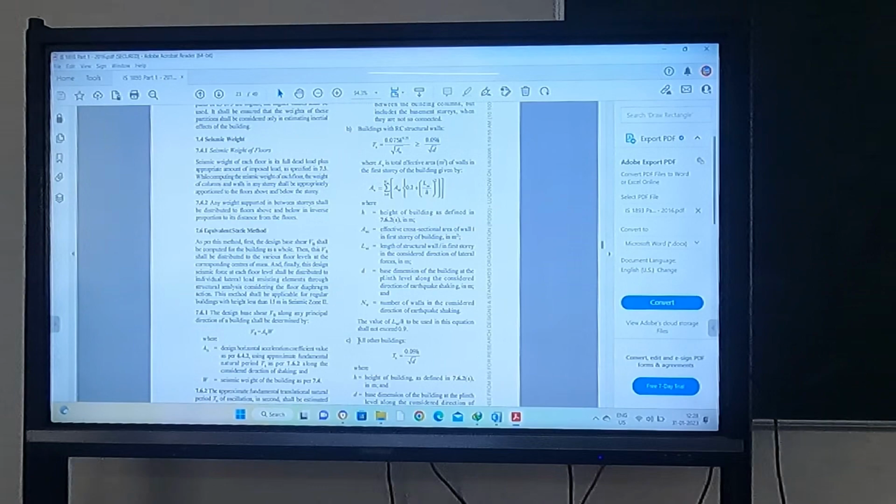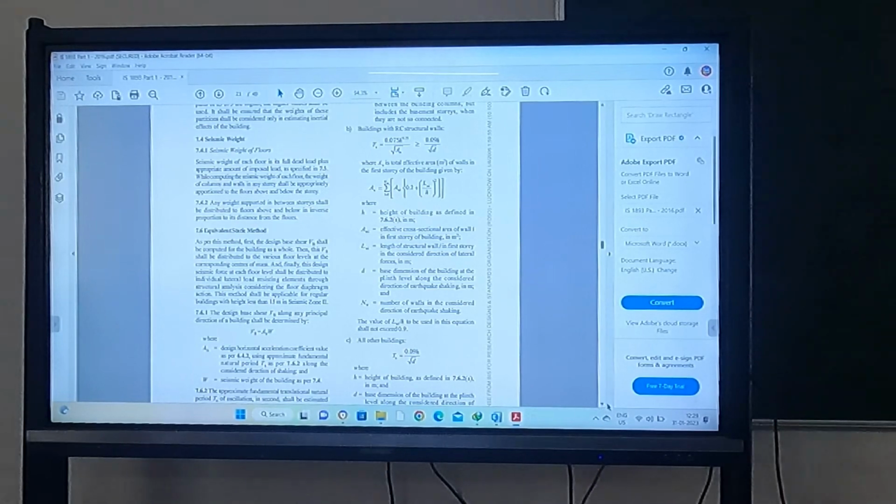One is bare frame, another one is structure with RC shear wall. So if it is other than these two, then you will go for the third formula. It can be a masonry building also. It means you do not have any RC frame, simply you have the walls which are taking the load. Or something other than this configuration also. So for all those cases you will use the third formula.